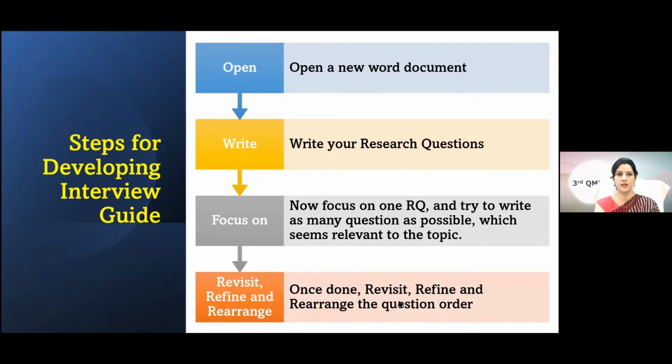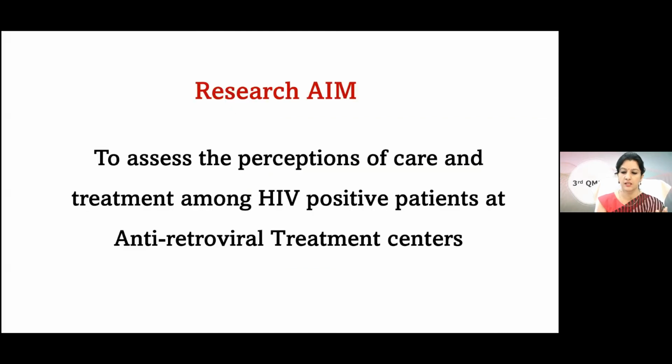Once you have written a rough guide, revisit, refine, and rearrange your question order, because initially you have gone according to the research question, but you may find later that the sequence of a particular question should be changed. So you may refine and rearrange those questions in sequence.